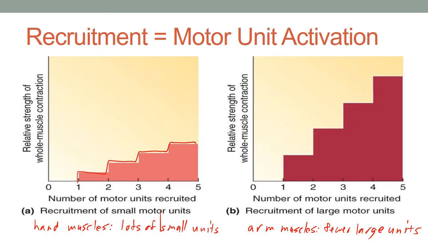You just want to be able to very quickly activate enough strength in your arm to lift whatever it is. Maybe if you're just lifting a whiteboard eraser, you just activate one motor unit. If you're lifting an average grocery bag, maybe you activate 3 motor units. And if you're going to the gym and you're lifting weights, then maybe you do a full strength contraction with even more motor units.